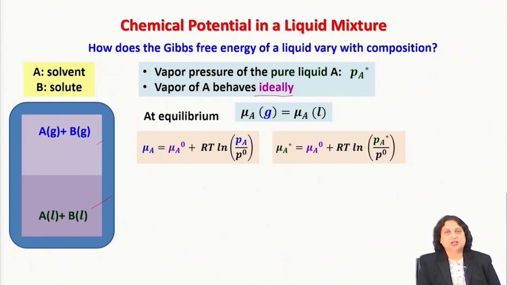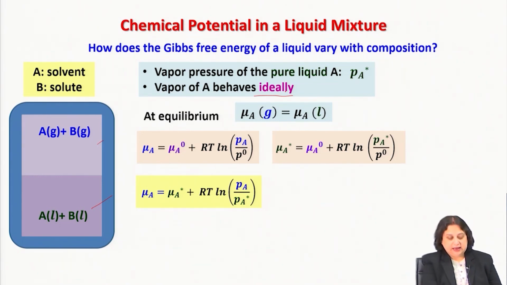Under such condition, we have already shown that the chemical potential of the solvent A in the gas phase, shown in blue, will be given by mu A star plus RT ln PA by PA star, where PA star is the vapor pressure of the pure liquid under the same condition of temperature.